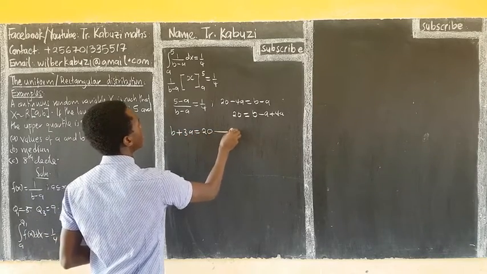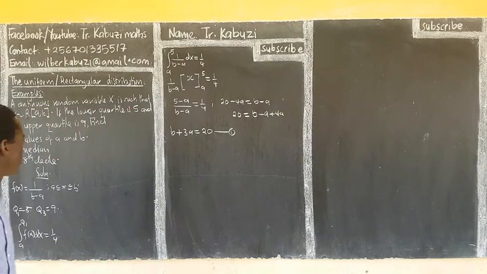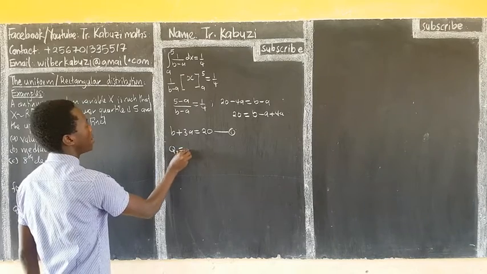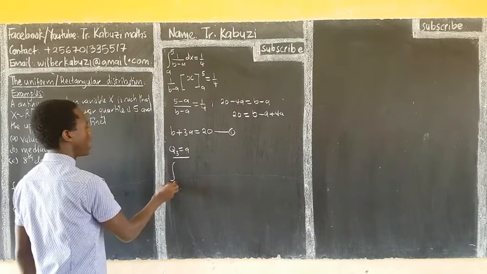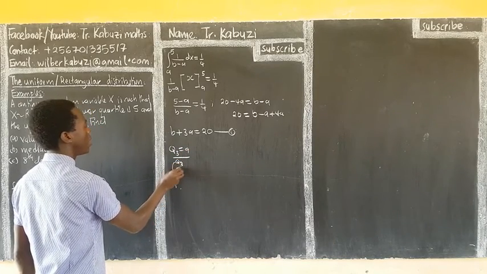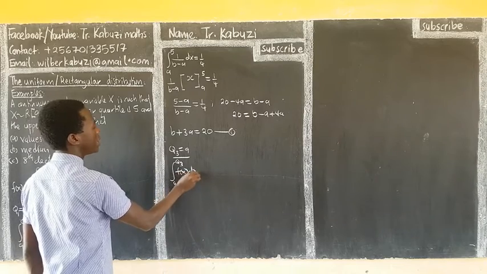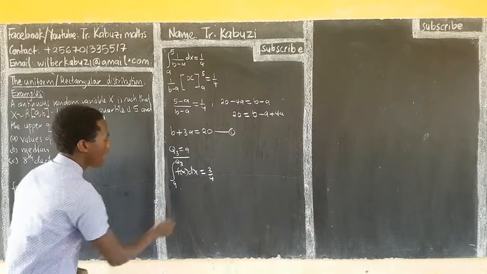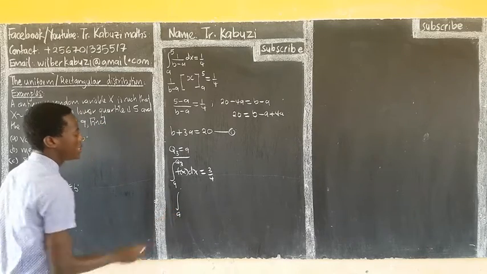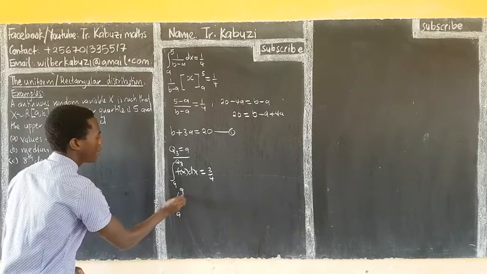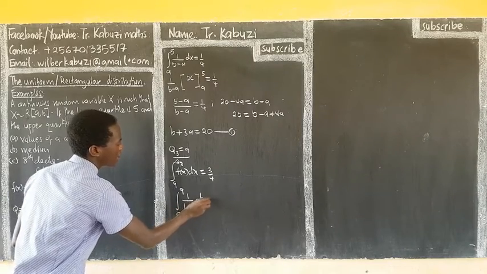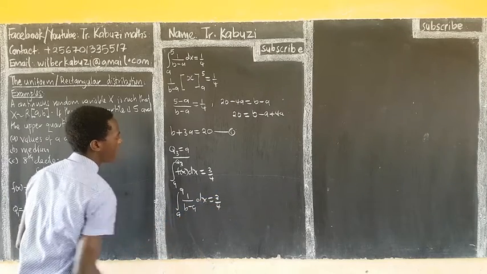I call this equation 1. I need another equation, which means that my Q3 is 9. So the integral from a to Q3 of f of x dx is always 3 over 4. So I have, from my lower limit a to Q3 which is 9, 1 over b minus a dx, giving us 3 over 4.